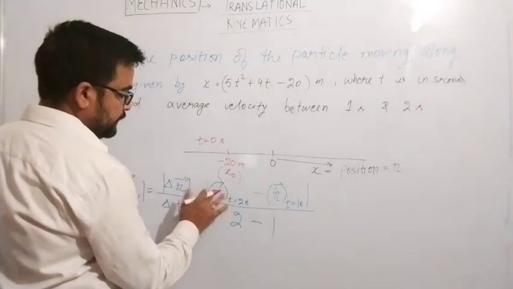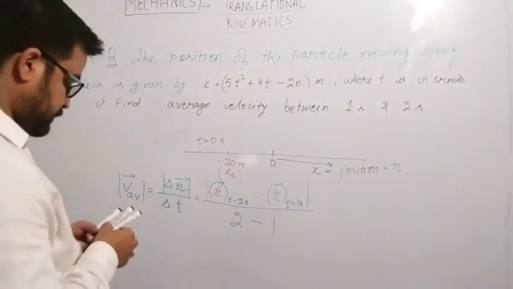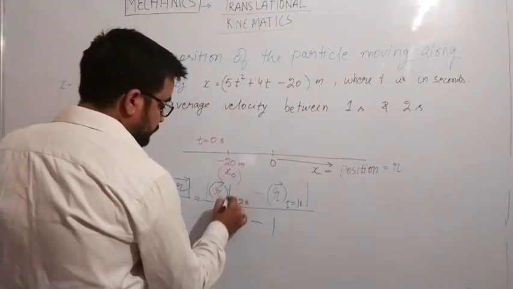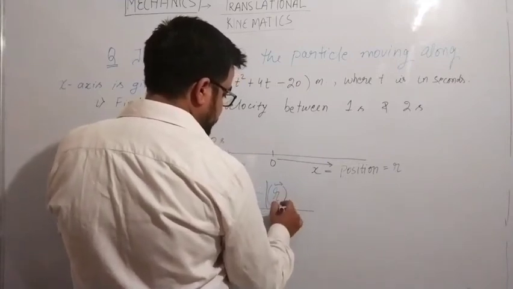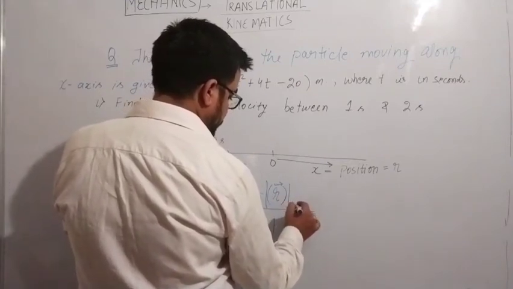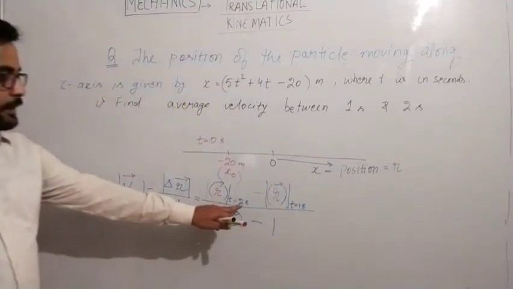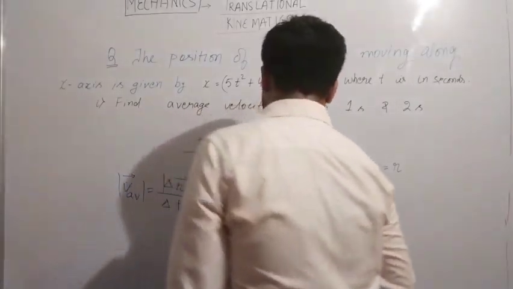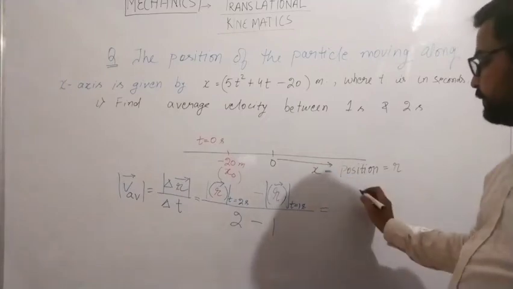Or you can say, magnitude of R at t is equal to 2 seconds minus magnitude of R at t is equal to 1 second. The magnitude of R is the same as the position, the coordinates of x, right?